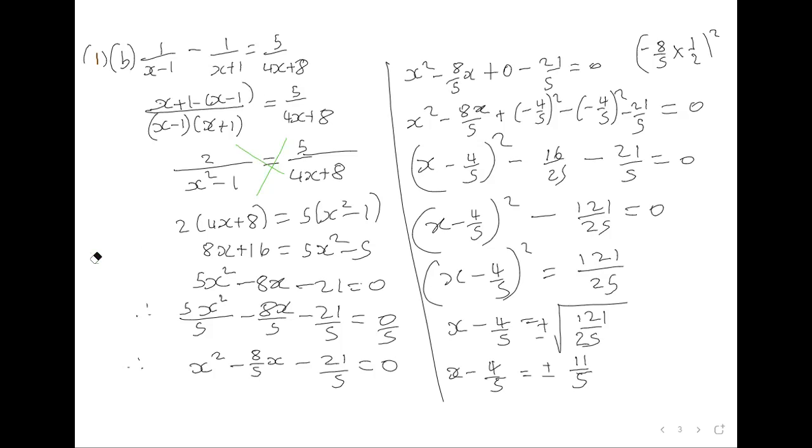Excuse me, sir. I want to ask, on the step that expands 1 over x minus 1 minus 1 over x plus 1, is it wrong if you bring the 5 over 4x plus 8 to the other side instead of cross multiplying?